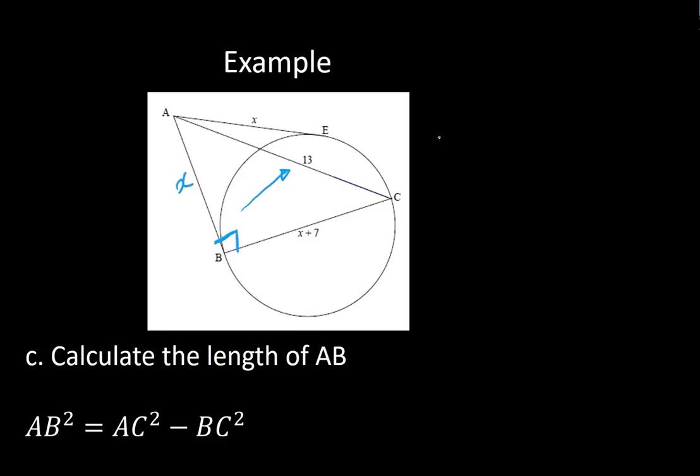Theorem of Pythagoras says that AC squared, which is your hypotenuse, is equal to AB squared plus BC squared. And the reason for that is theorem of Pythagoras, or you can abbreviate to Pythagoras. I can therefore rearrange that to get that AB squared is equal to AC squared, the hypotenuse squared, minus BC squared.